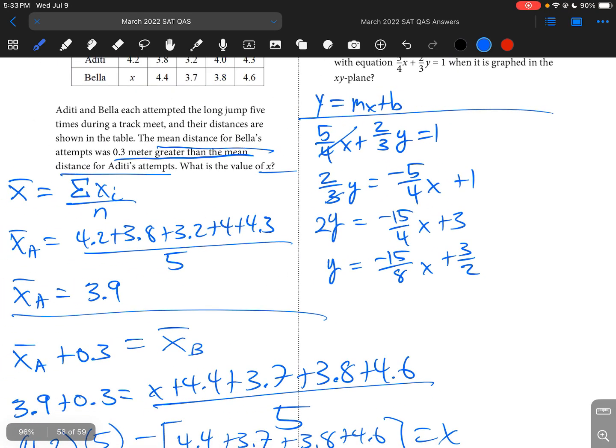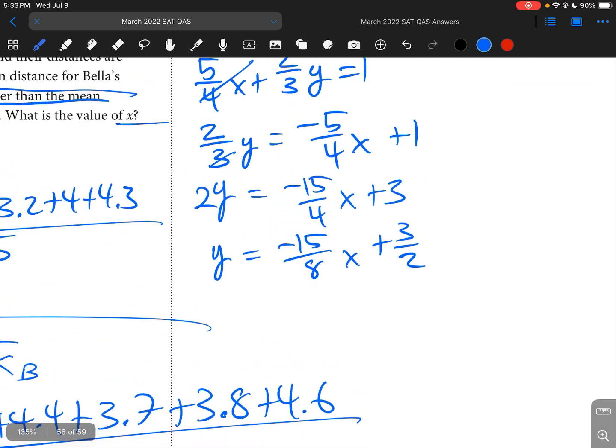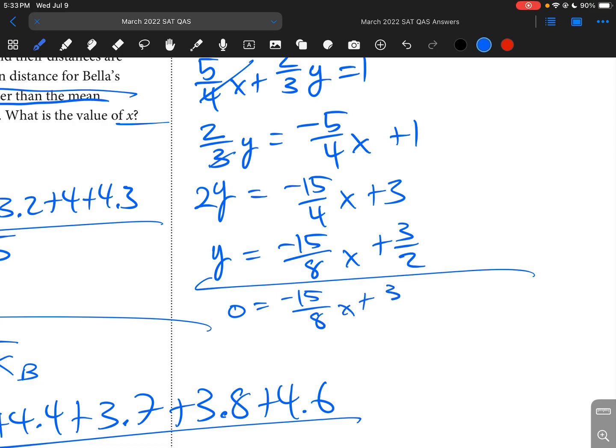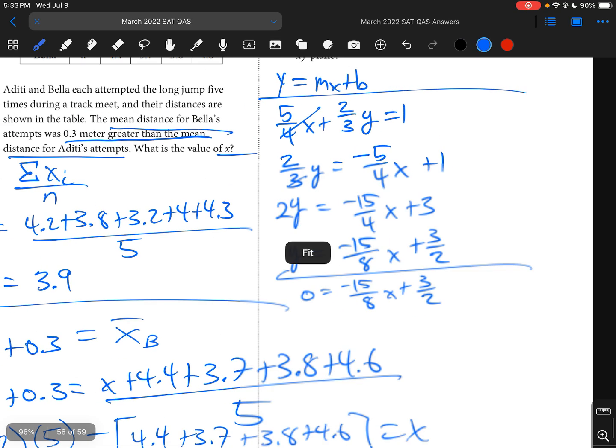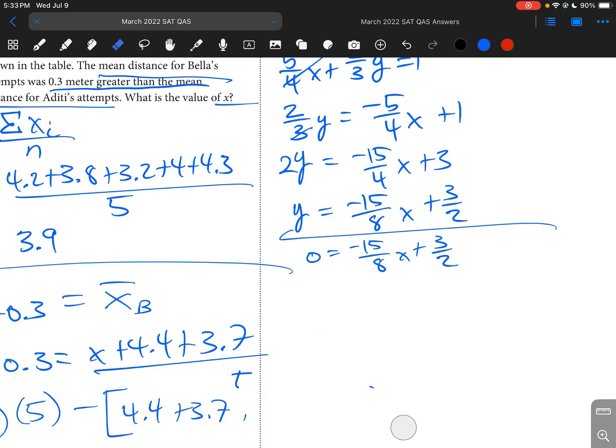So now that we have this, getting the x-intercept is simply plugging 0 in for y and solving. So 0 is negative 15 over 8 x plus 3 over 2.